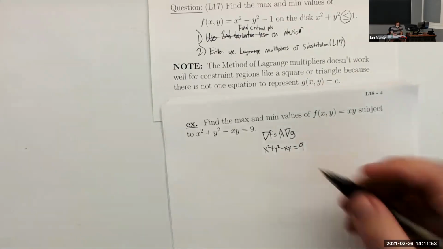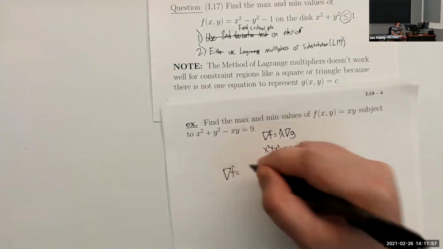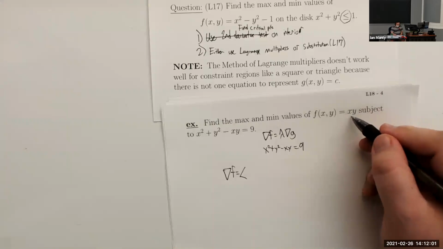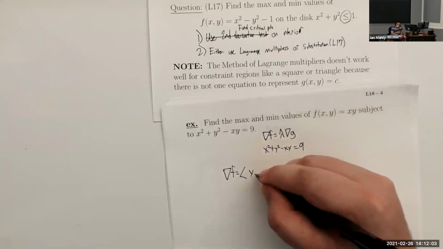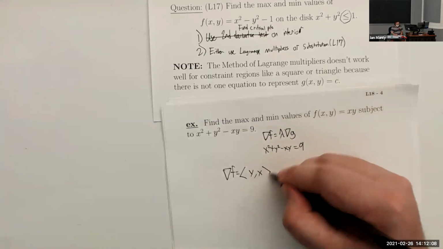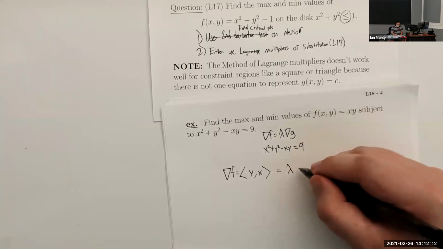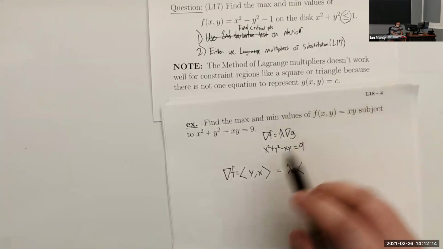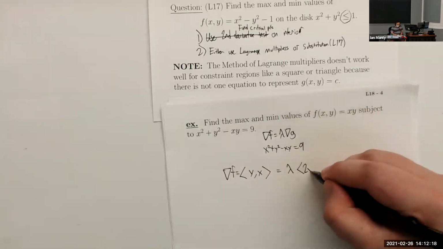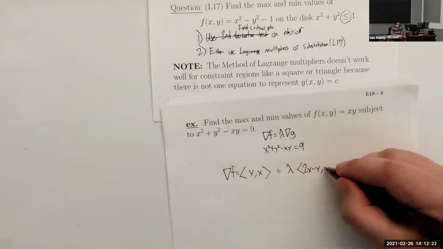All right, so anyway, let's go ahead and find our gradients here. The gradient of f: we have the x derivative of this, which will be y, and the y derivative of this, which will be x. Meanwhile, this is supposed to equal lambda times the gradient of g, which will be (2x minus y, 2y minus x).